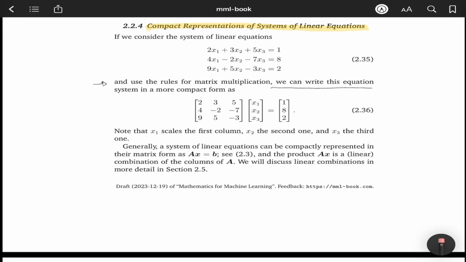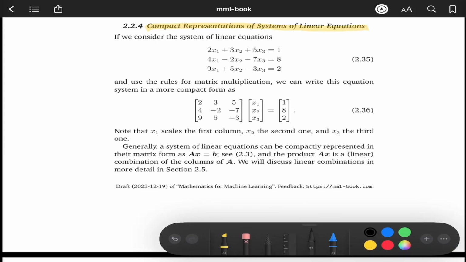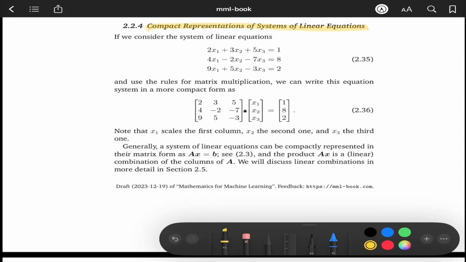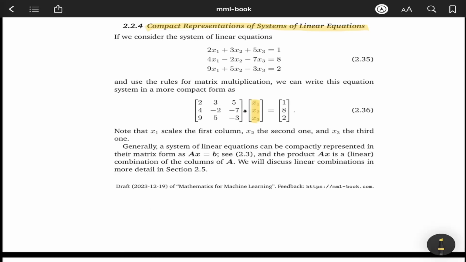Okay, so we have to understand that this is the same thing as the other one. It's just a different way to write it. And what they're also not writing here is the plus sign. So this is a multiplication here. And because we are doing matrix multiplication, each row goes, on the right side, each vector goes on top of the coefficients, which will form exactly one of those equations.